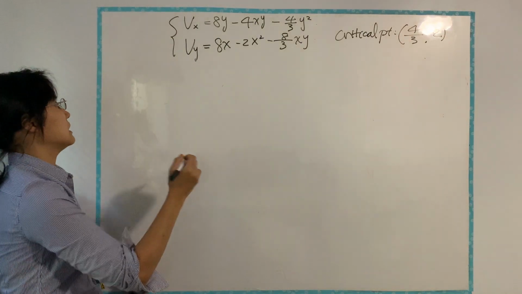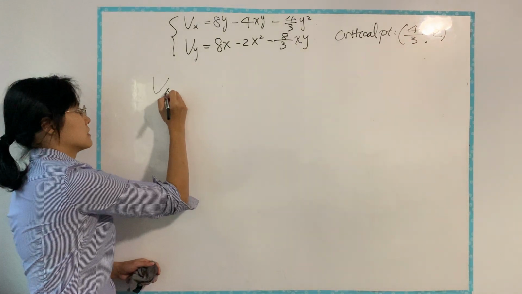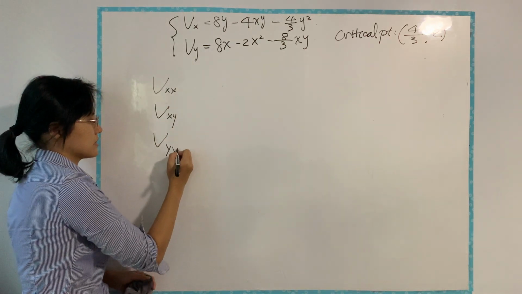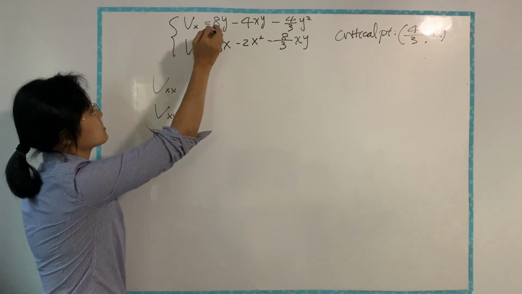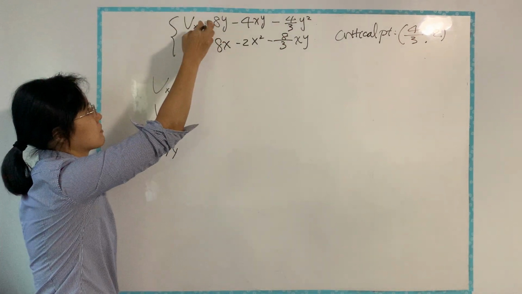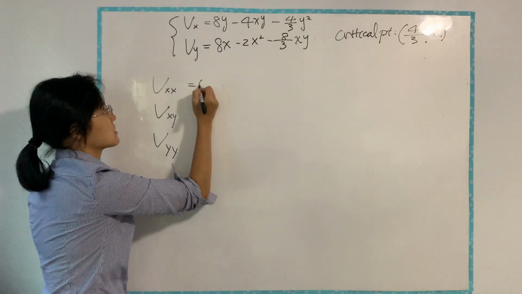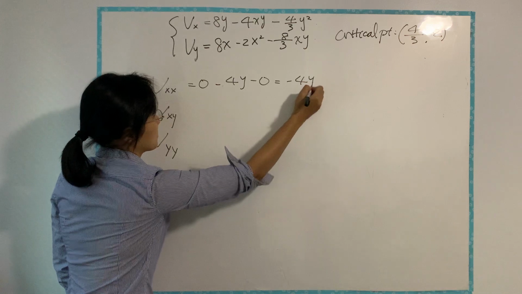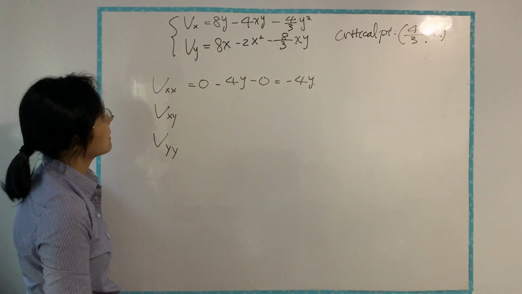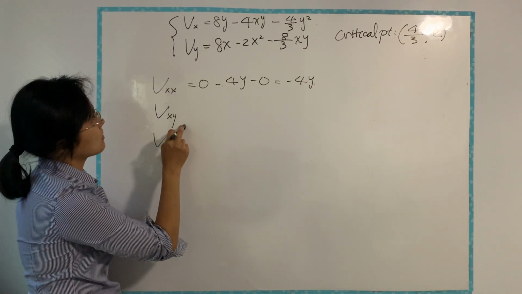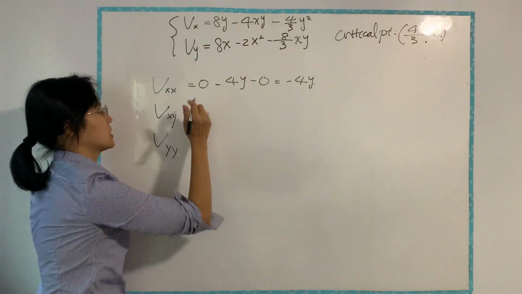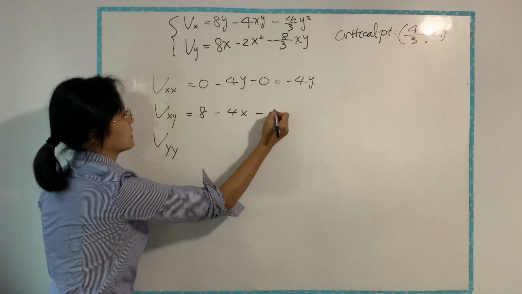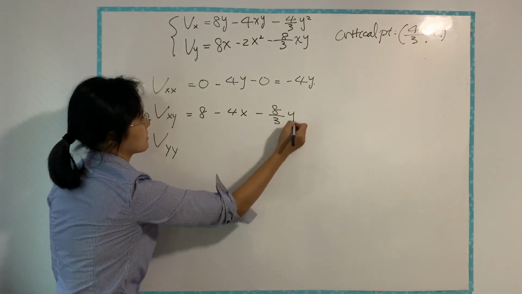So next, I need to find second order derivatives and see what happens. All right, so take this one, dV/dx, differentiating with respect to x, 0 minus 4y minus 0, so I get minus 4y. V_xy. So again, take this differentiating with respect to y, 8 minus 4x minus 8/3 y.